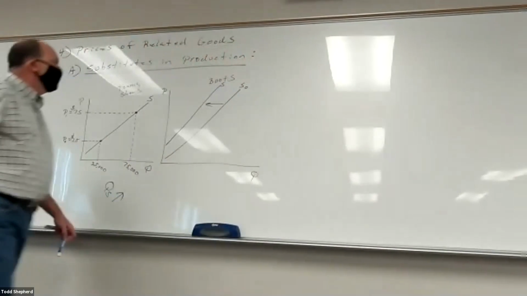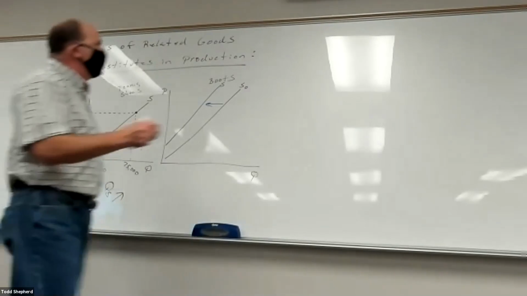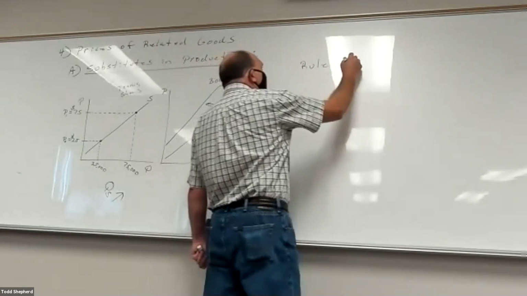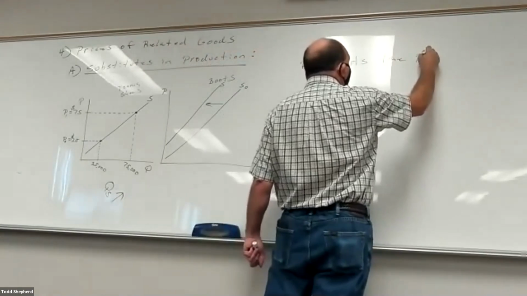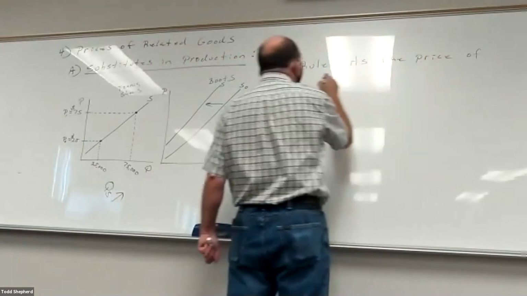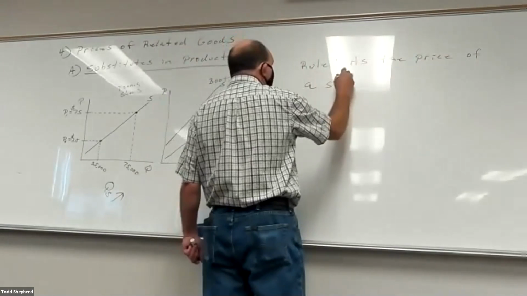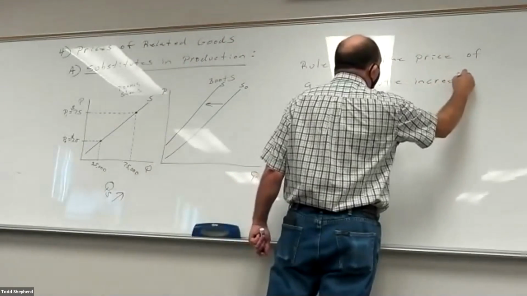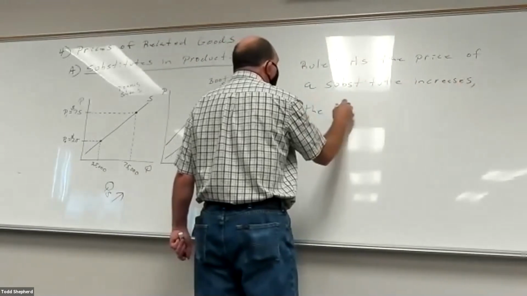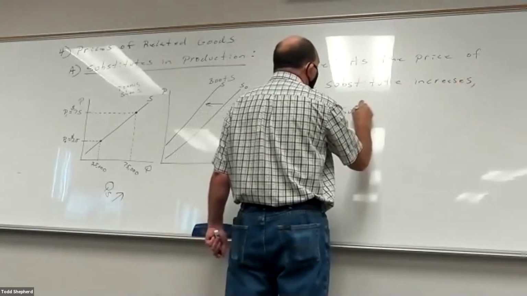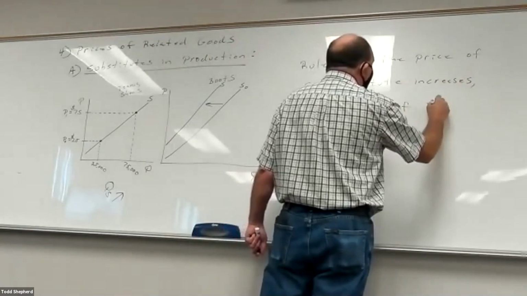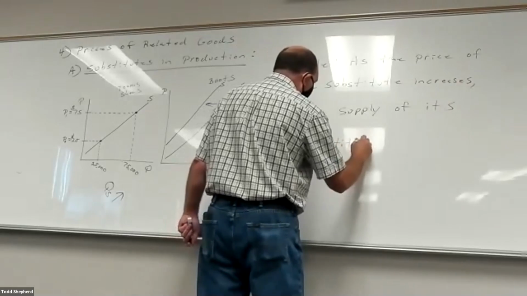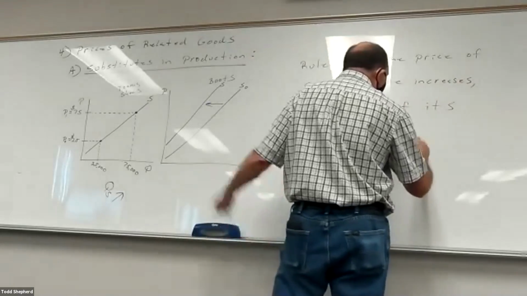Okay, does that make sense? All right, so the rule that we are going to use here is, as the price of a substitute increases, the supply of its substitute, in this case, boots, will decrease.